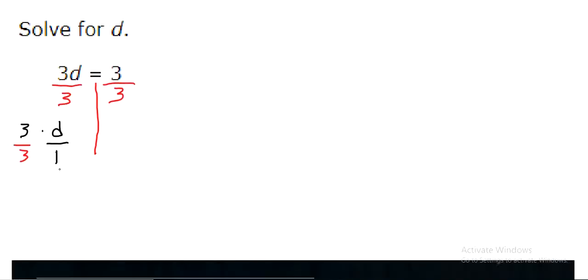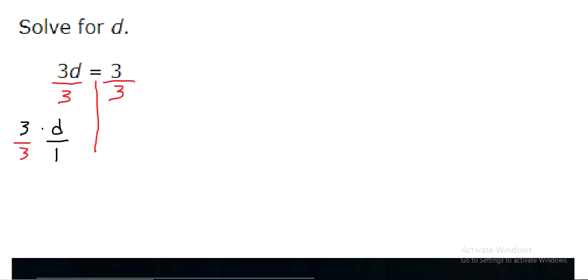So really just remember though, when I multiply fractions, I do the top times the top, the bottom times the bottom. So don't write this down, but this right here is still equal to 3d over 3. 3 times d is 3d. 3 times 1 is 3. So that is all fine. I can still have that. That's just another way of writing it.